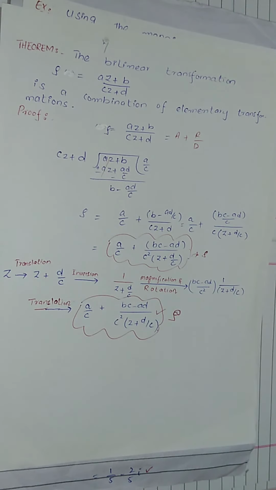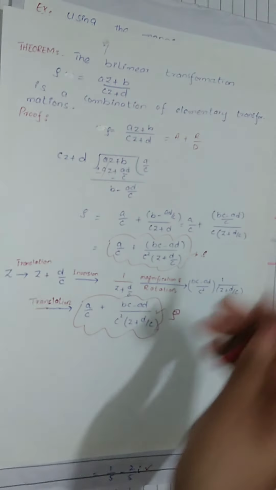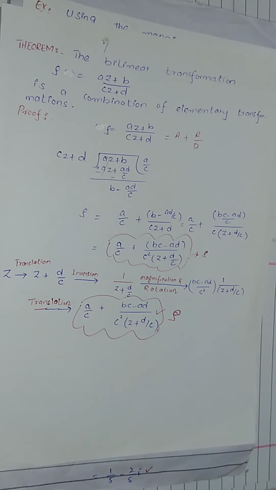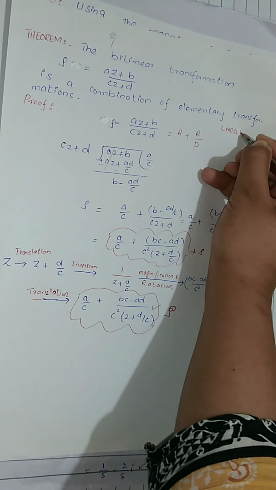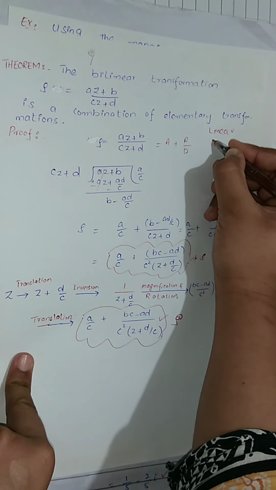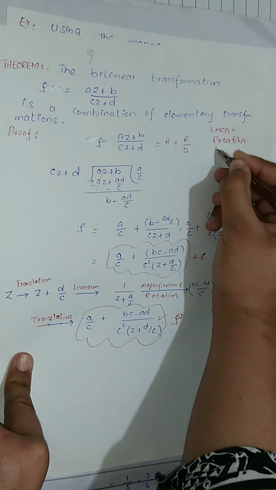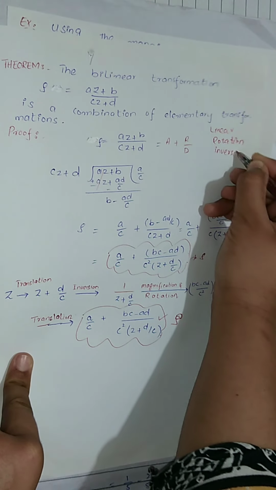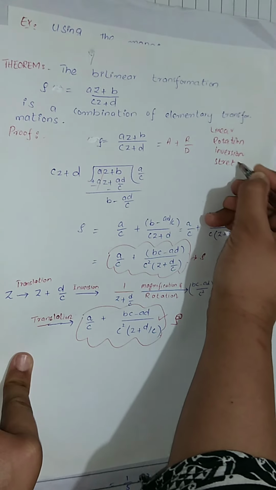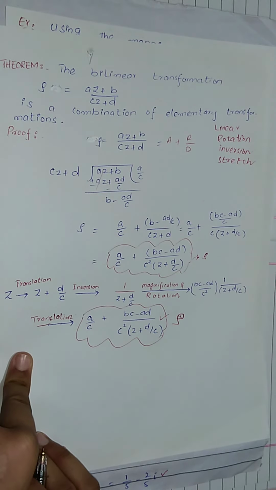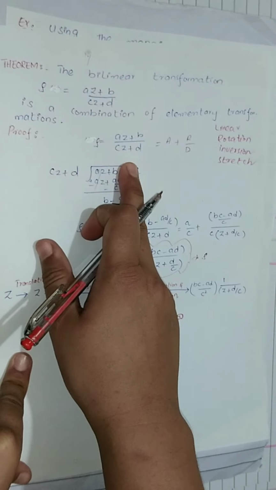As we discussed in a previous lecture, in bilinear transformation we discussed four properties, which are linear, rotational, inversion and stretch or magnification. So we have sigma is equal to (AZ plus B) over (CZ plus D).